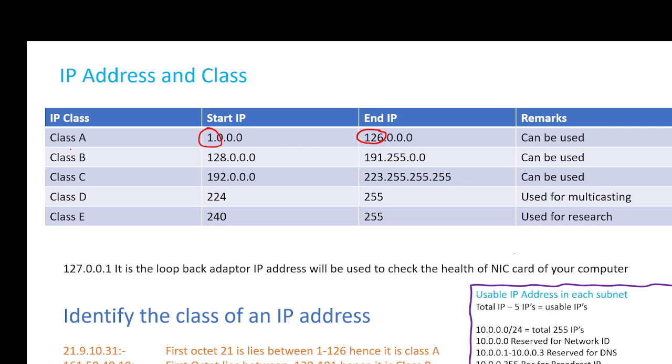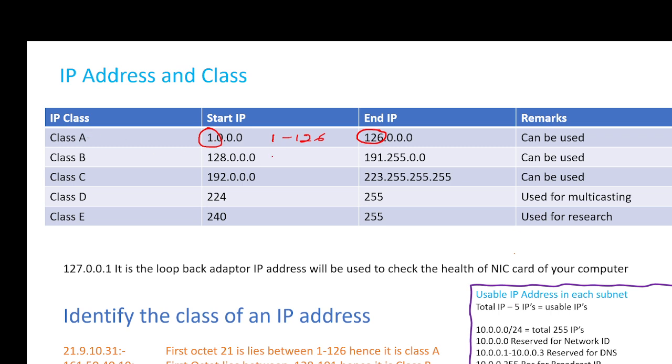If an IP address begins between 1 to 126, that is called class A. You have to look only at the first number. If the first number is between 1 to 126, we call that IP a class A IP address.